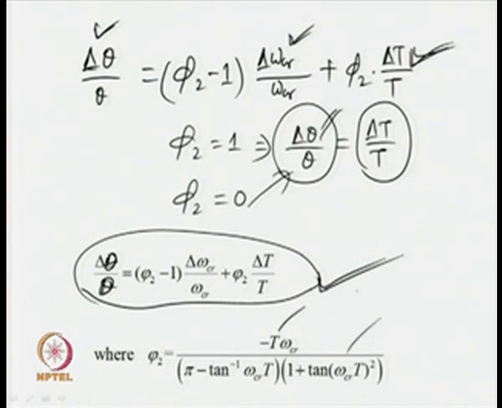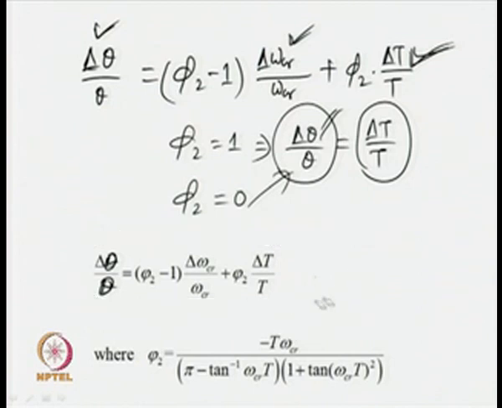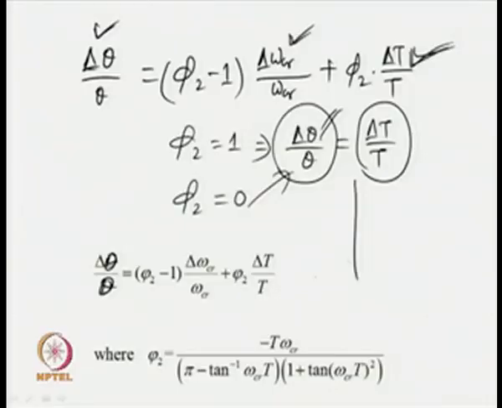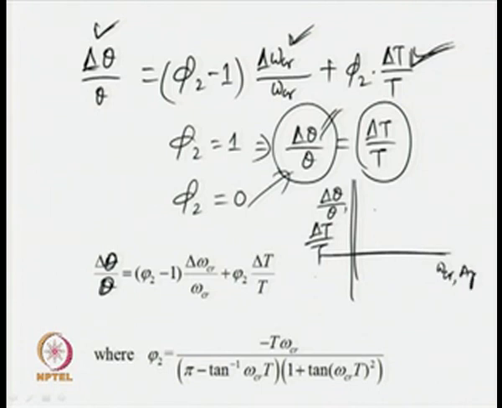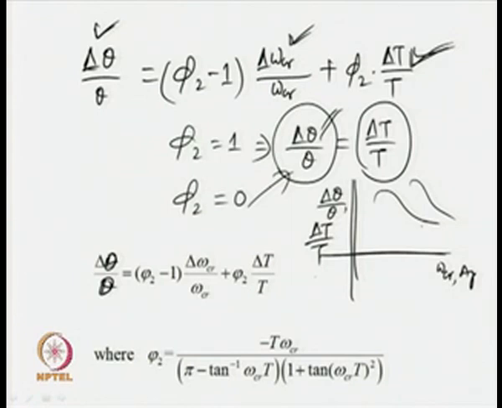So, all these values of phi can be estimated, and it is not difficult to see, when you make a plot, the effects of different parameters like delta theta upon theta and delta t upon t, with respect to that of measurement of omega_cr and A_p. From here you can deduce which measurement is going to influence the estimation errors much.